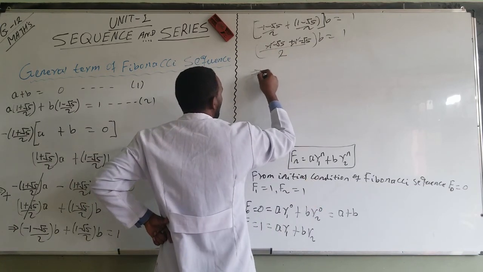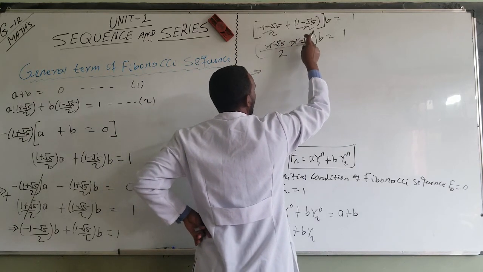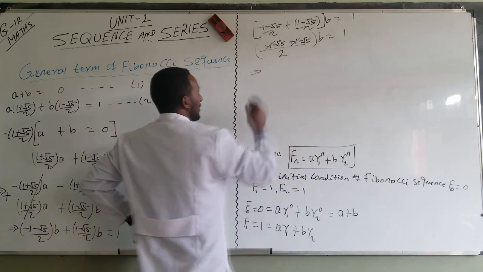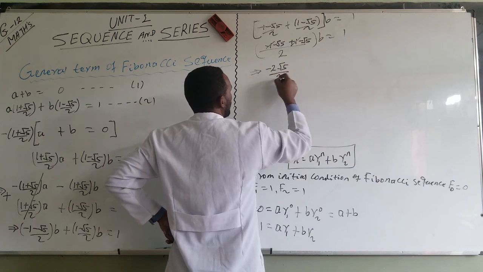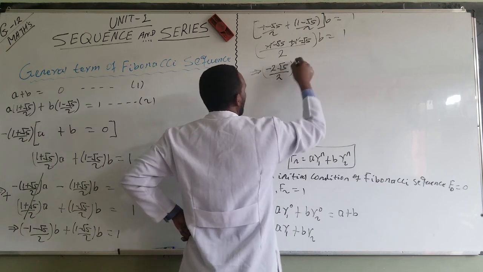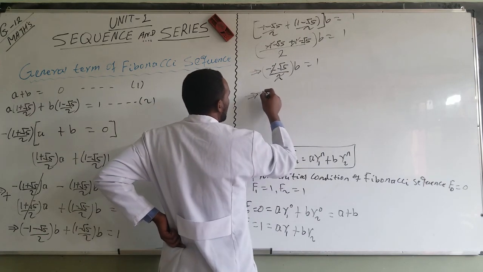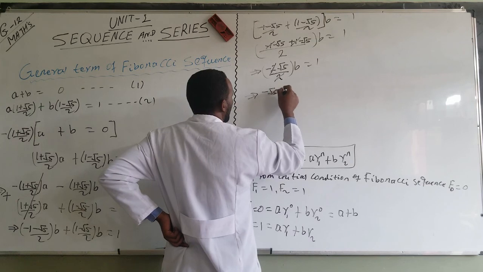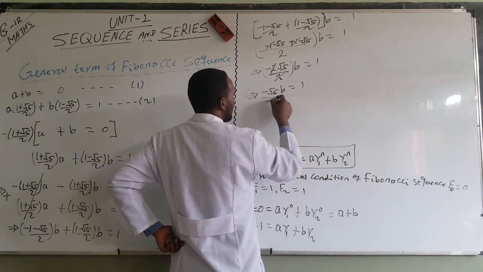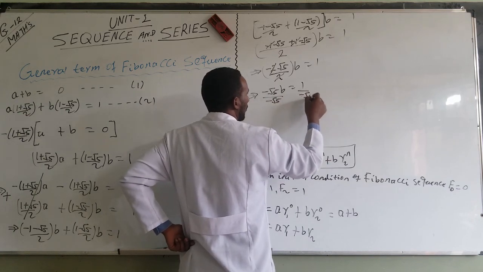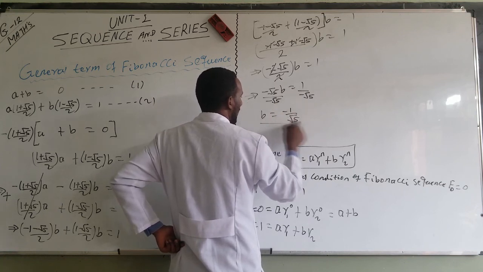Then negative square root of 5 plus negative square root of 5 becomes negative 2 square root of 5 over 2, B equals 1. This implies negative square root of 5 B is equal to 1. Then dividing both sides by negative square root of 5, B is equal to negative 1 over square root of 5.